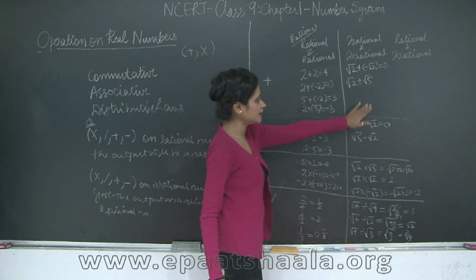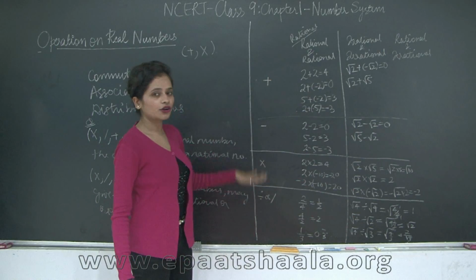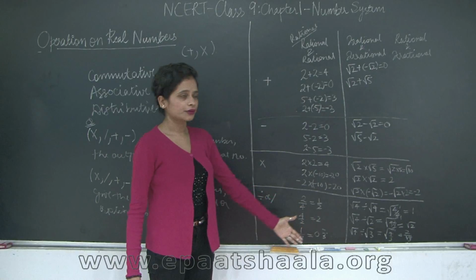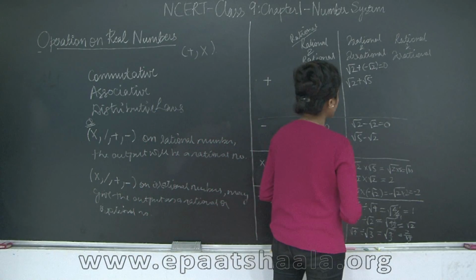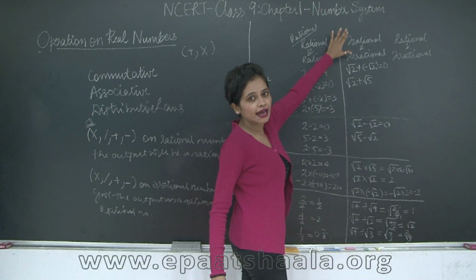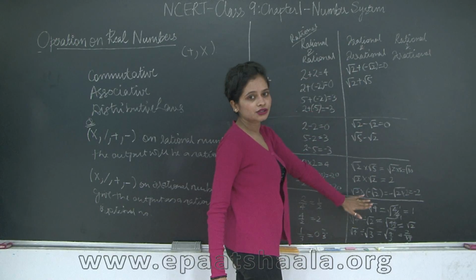So we see that for irrational numbers, these different operations are going to give you either a rational number or an irrational number. So a combination of irrational and irrational may give you an irrational or a rational number.